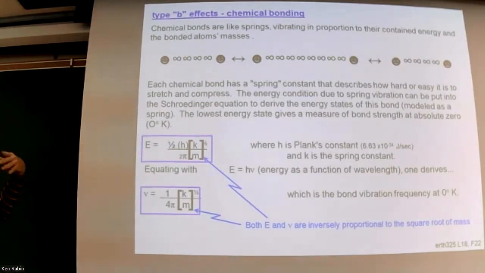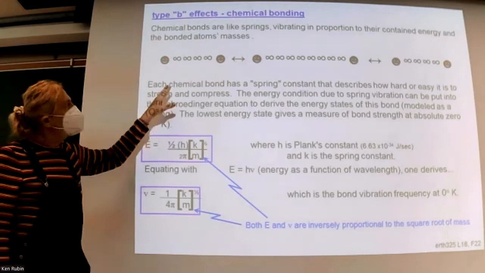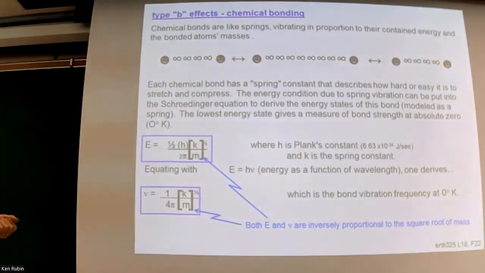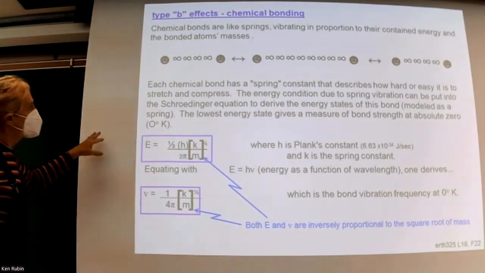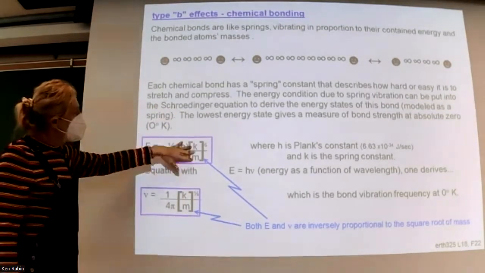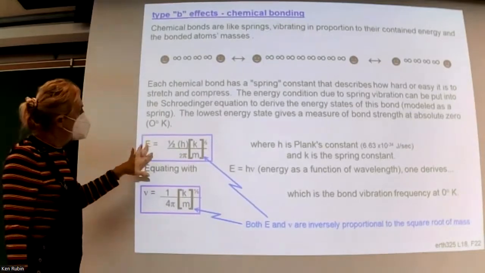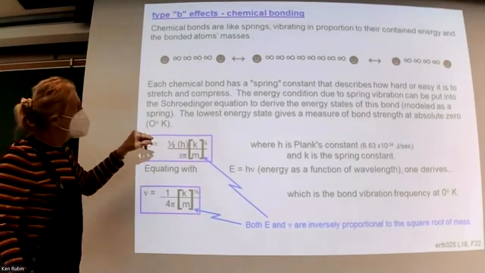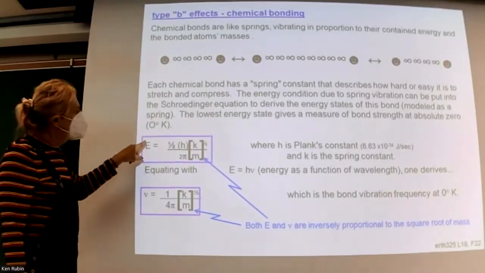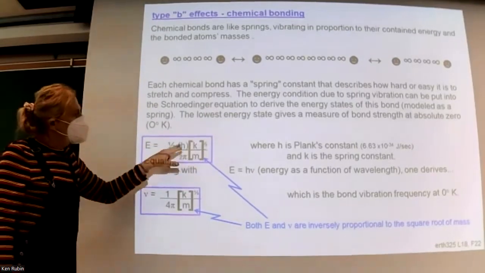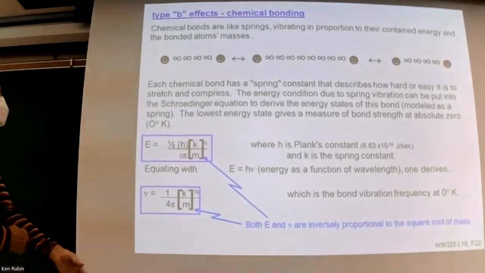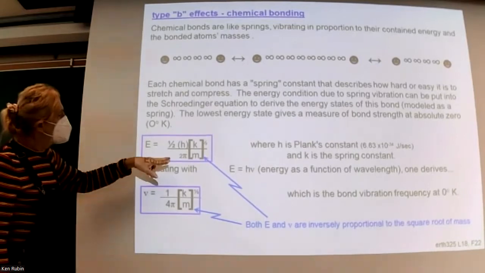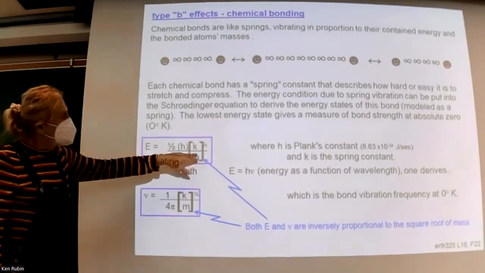Processes that form and break bonds tend to favor the light isotopes. And this is described with another relationship, which is derived from the Schrodinger equation as applied to this particular case, solved for one electron in one bond, that the energy has this relationship, and h is another constant, Planck's constant. But the key thing here is that we see mass again in the square root.